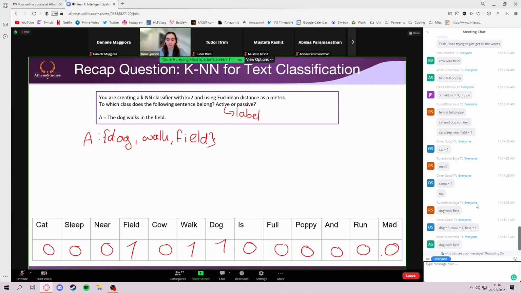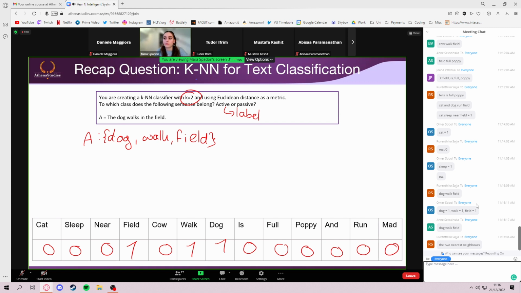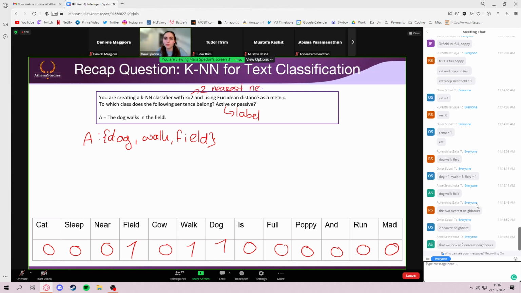Exactly. Okay, so then we want to use the k nearest neighbor classifier with k is 2. So what does that mean? K is equal to 2. Does anyone remember? The 2 nearest neighbors, exactly. So we want to find the 2 nearest neighbors.